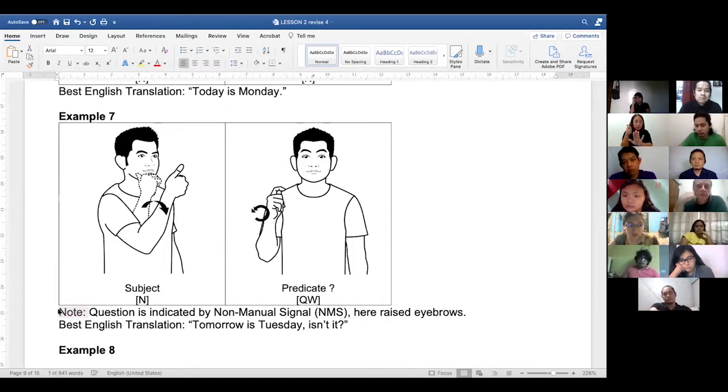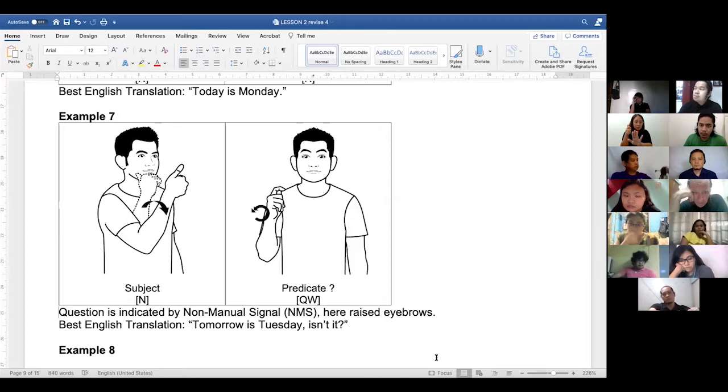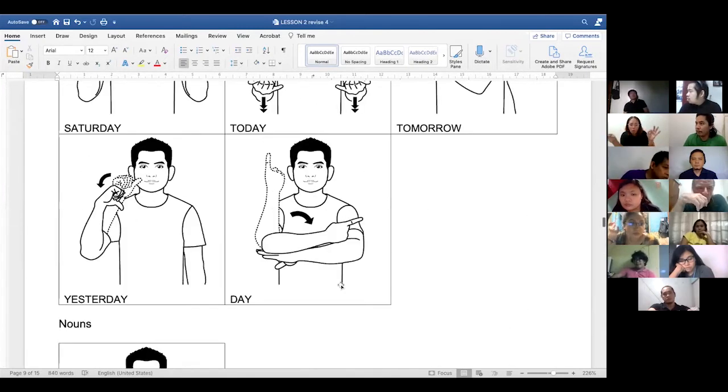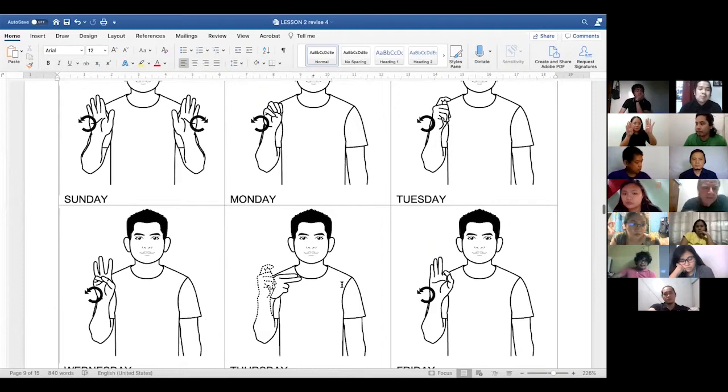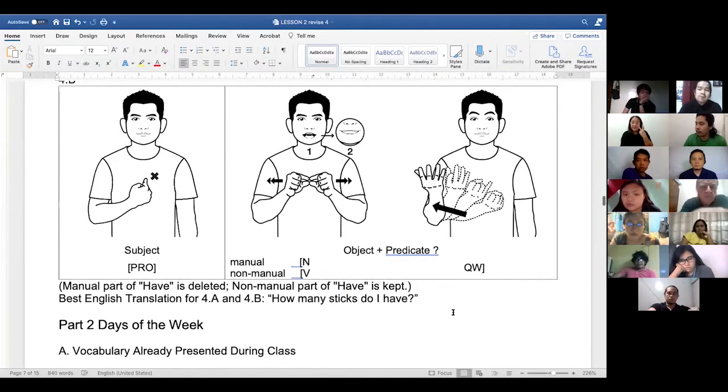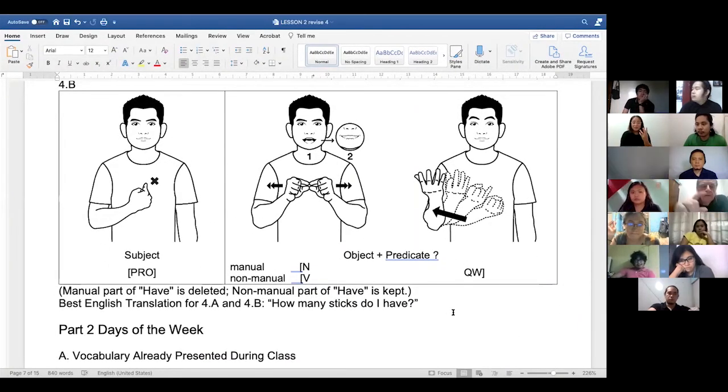But if you delete note, go back up and see what you did on number 4B. Okay, let's see, we have parenthesis, manual part of have is deleted, non-manual part of have is kept.